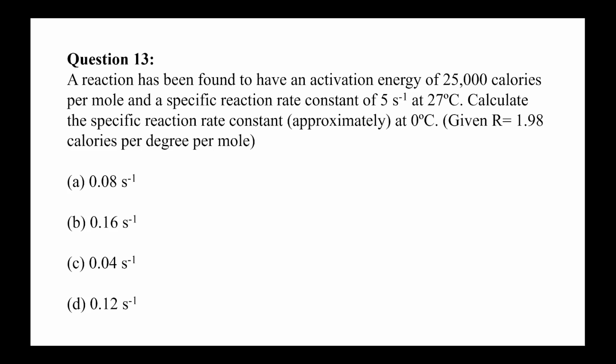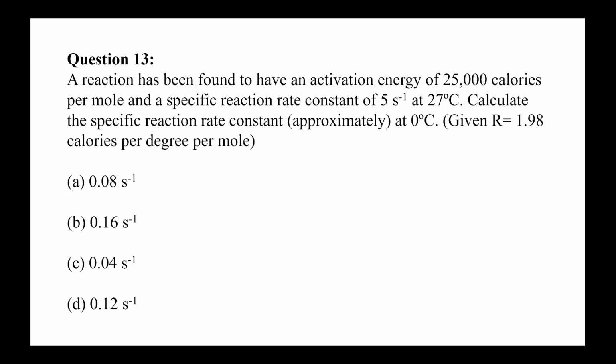Okay. The reaction has been found to have an activation energy of 25,000 calories per mole, a specific reaction rate constant of 5 per second at 27 degrees Celsius. Calculate the specific reaction rate constant approximately at 0 degrees Celsius, given R is equal to 1.98 calories per degree per mole.